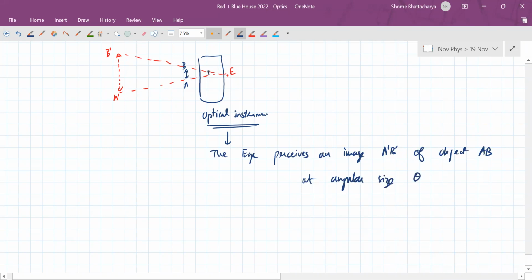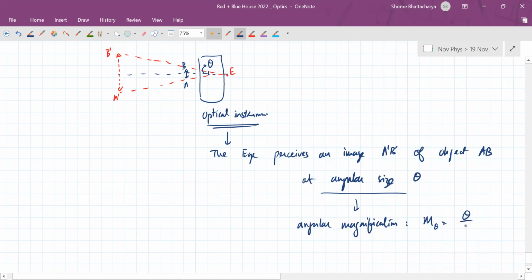Here this angle will become theta, the angle subtended by the image that the eye is seeing. We'll see different types of instruments, but when we are looking at the object through the instrument, instead of the object we are perceiving the image of the object, which is both at a larger distance as well as having the angular size theta.